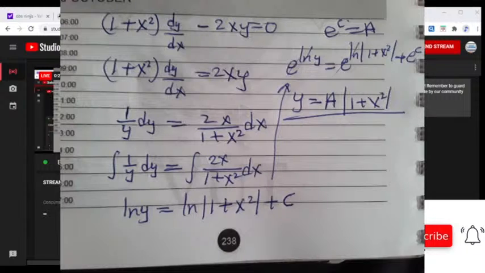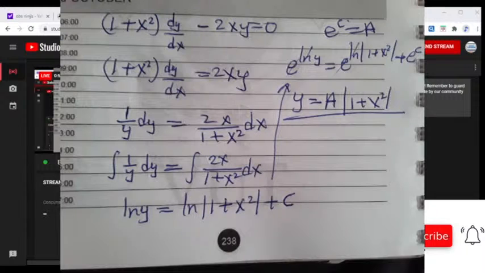We have 1 plus x squared. Then the thing that we have to do right here is to take minus 2xy to the other side of the equation. After you have taken it to the other side, you have to separate, because it is a separable function.